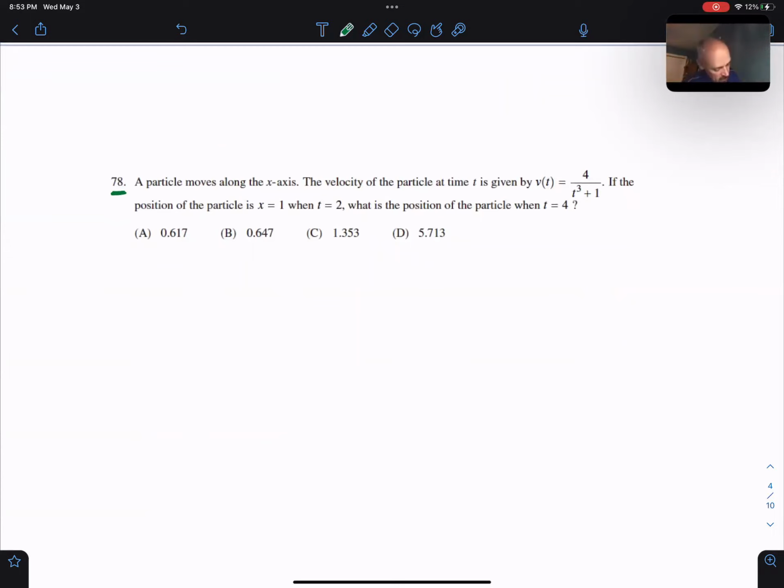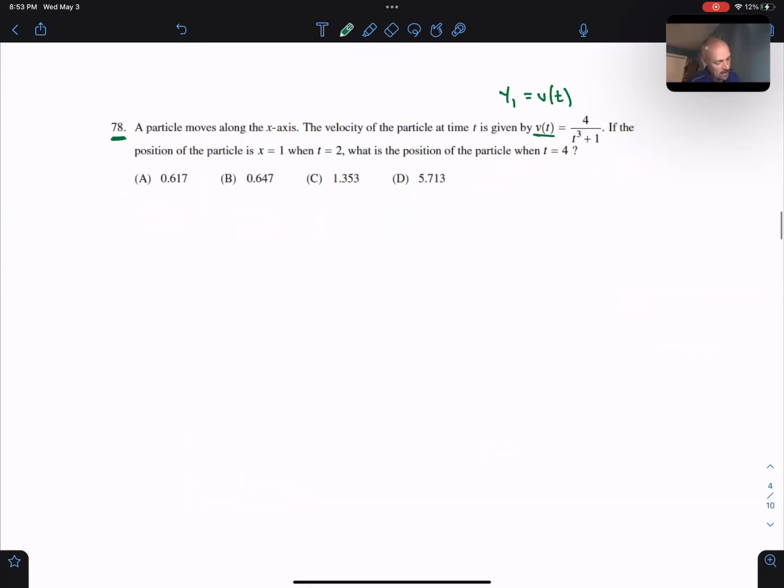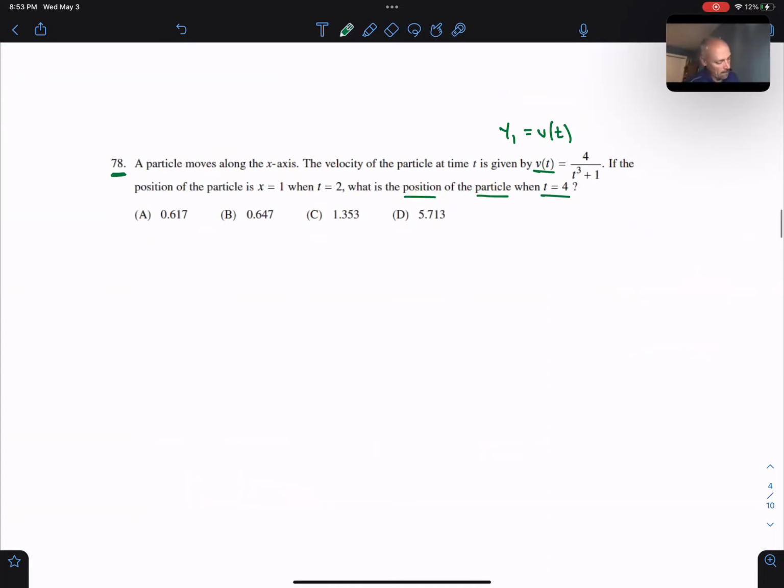And what I'm going to do is put v of t in my calculator as y1. But first, I'm going to do my setup. So what I'm looking for is the position of the particle at t equals 4. Well, I know that's going to be the position of my particle at time 2.